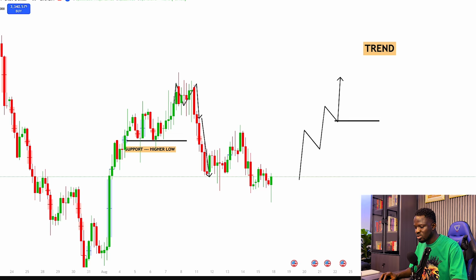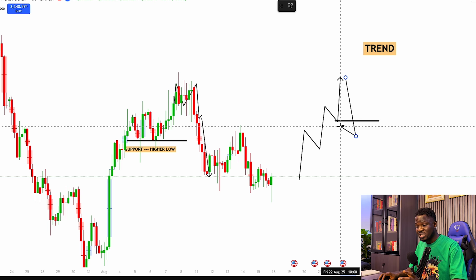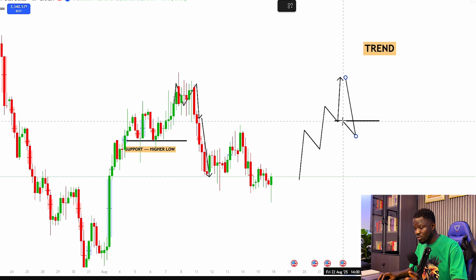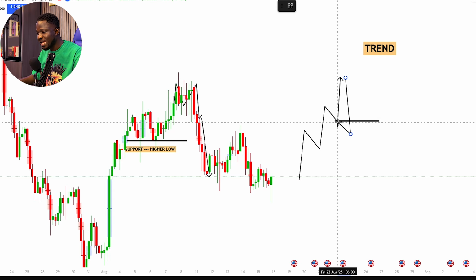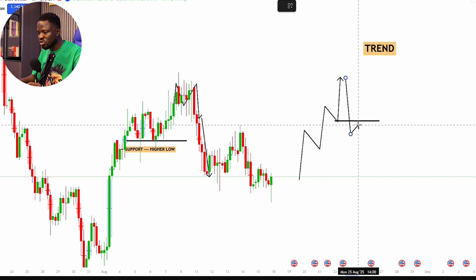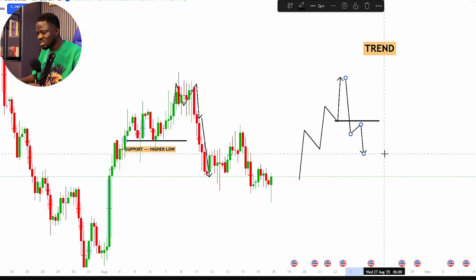Price must not break or close below the last higher low, which is the last swing higher low. In a situation whereby price closed below the last higher low, that is change of structure to the downside, right?